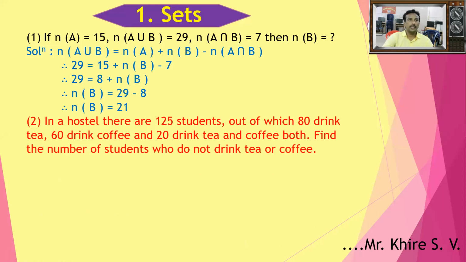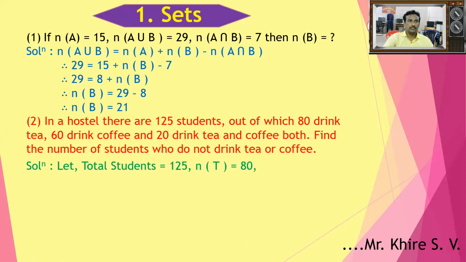Okay. Second example: in a hostel there are 125 students, out of which 80 drink tea, 60 drink coffee and 20 drink tea and coffee both. Find the number of students who do not drink tea or coffee.